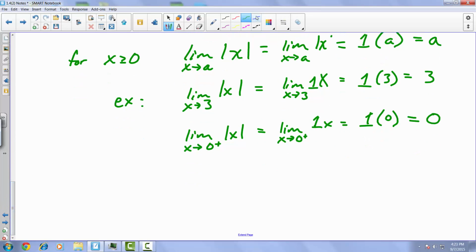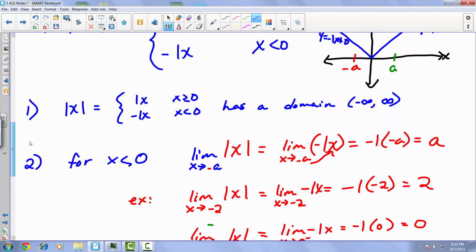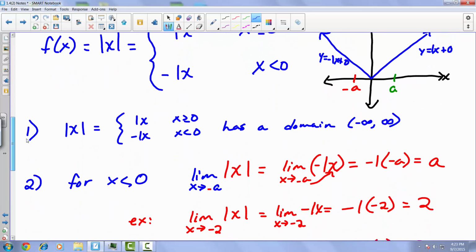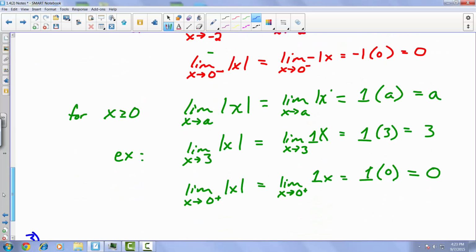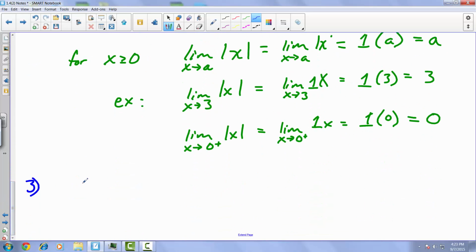Now comes step 3. So again, we've shown that the limits exist at a variety of different places. Generically, we did the a and the negative a, just to show that they work at any a. Now looking at step 3, we can verify that for any a that's inside of this interval negative infinity to positive infinity.